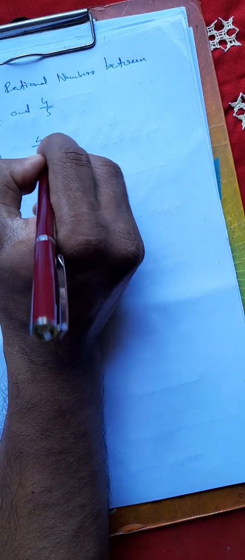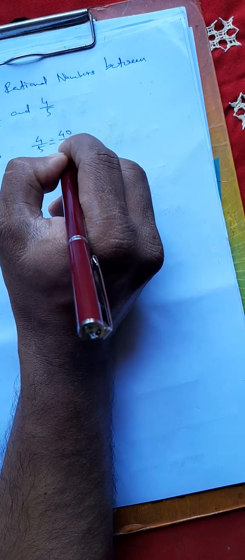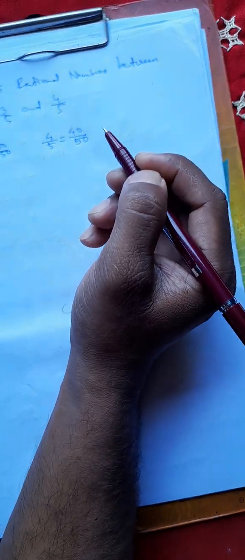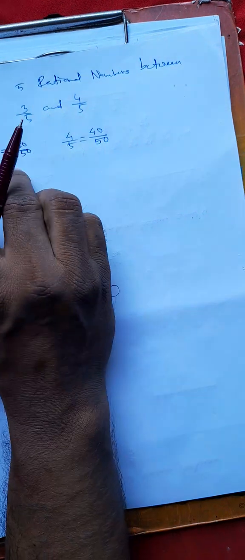So let's make them equivalent fractions. 3 by 5 equals 30 by 50. 4 by 5 means this is 40 by 50.